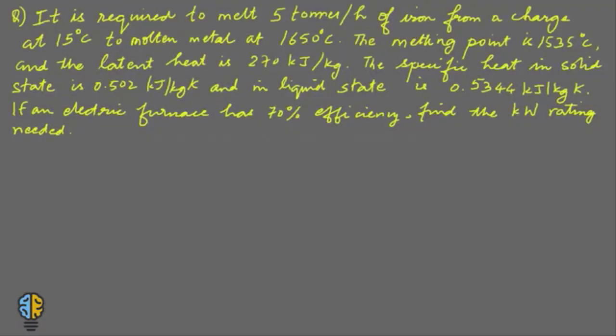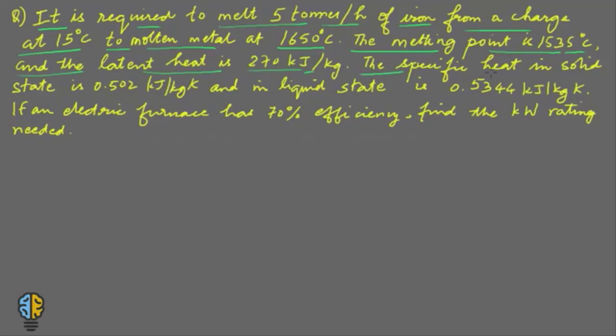Now let's look at a question on heat transfer in a system. The question says that it is required to melt 5 tons per hour of iron from a charge at 15 degrees Celsius to molten metal at 1650 degrees Celsius. The melting point is 1535 degrees Celsius and the latent heat is 270 kilojoules per kg.